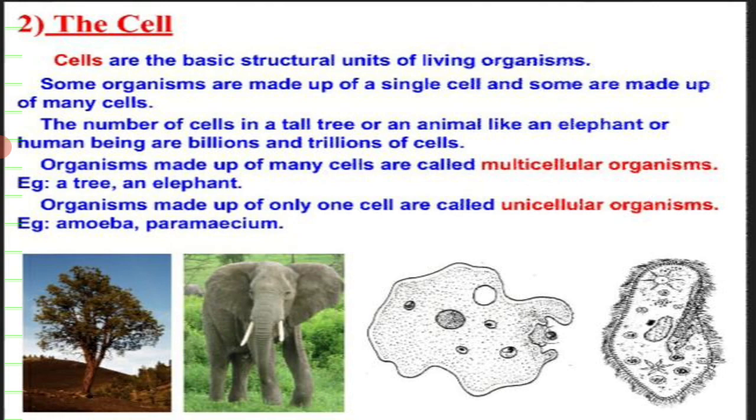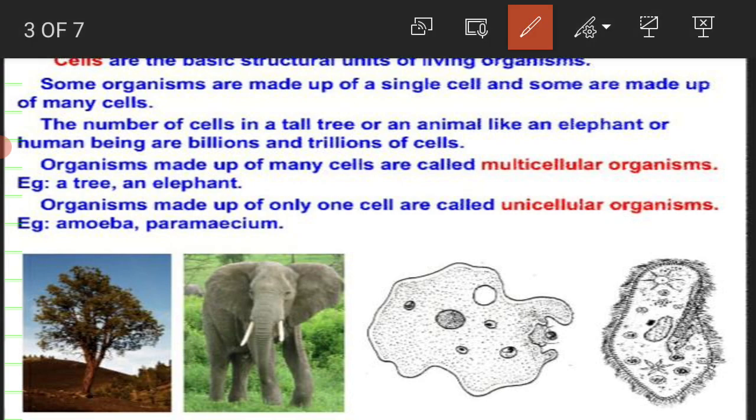The number of cells in a tall tree or an animal like an elephant or a human being is billions and trillions of cells.